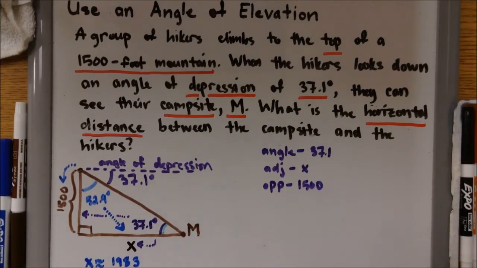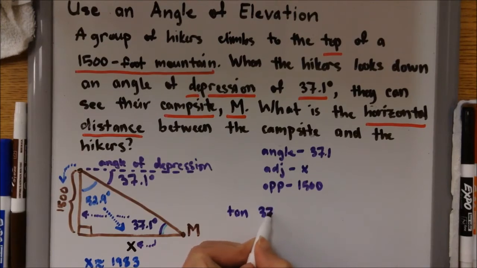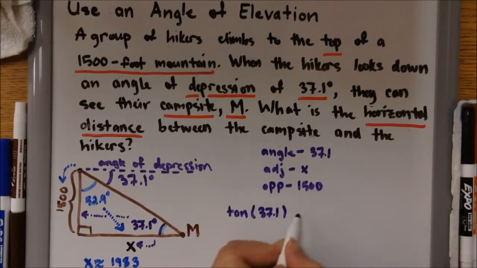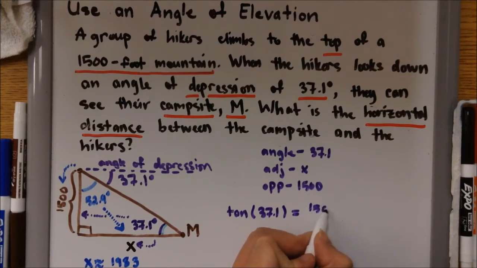Okay, so again, the only trig function that would use adjacent and opposite is tangent, or we could use cotangent. But let's stick with tangent to keep it basic. So it's tan of 37.1 degrees equals, my opposite is on the numerator, so 1,500, and my denominator is the adjacent, so it's x.